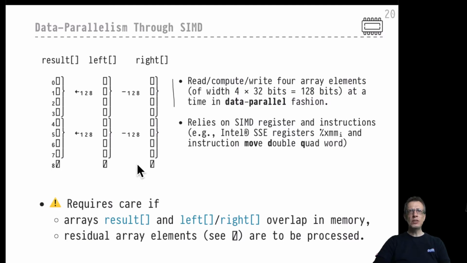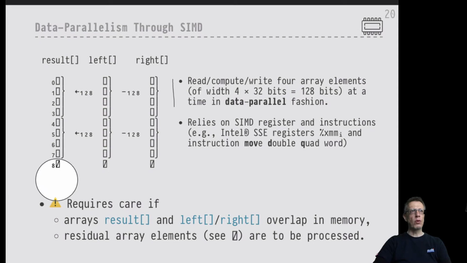So there might be some residual elements, like these elements I'm highlighting here at the bottom of the vectors, that would need further processing because they're not being processed by the wide instruction that we have issued before. So there might be some residual work to be done.